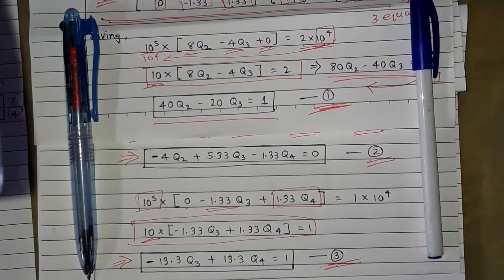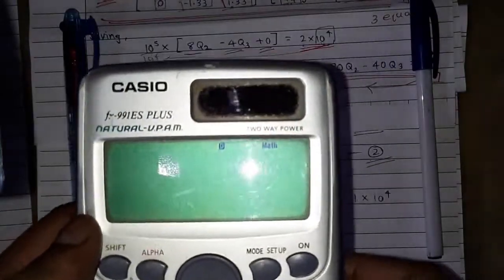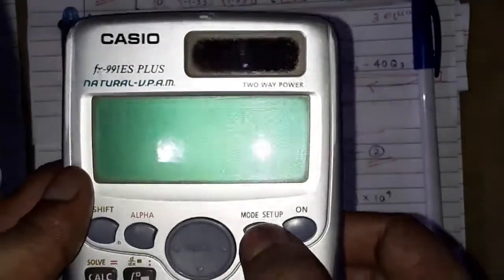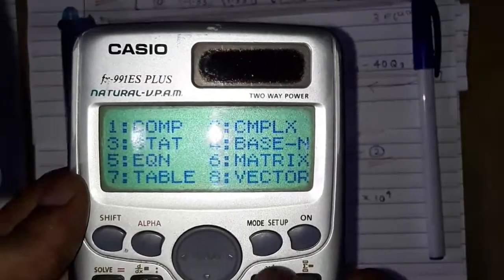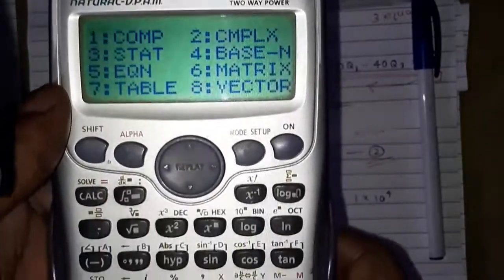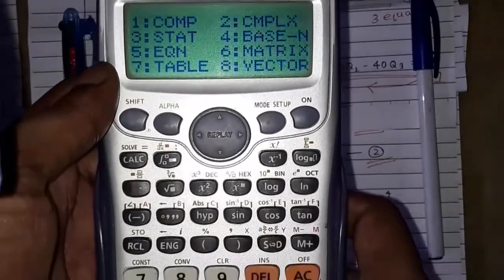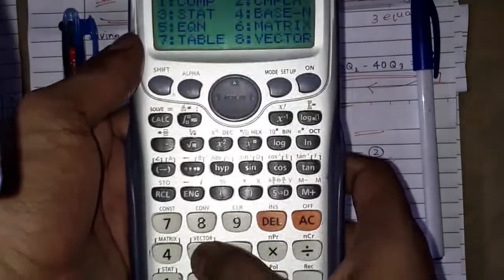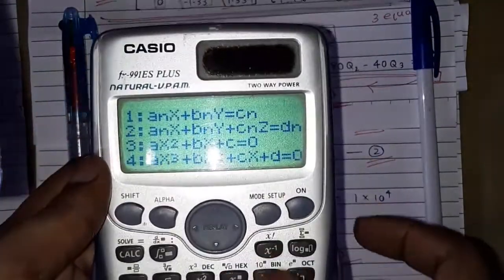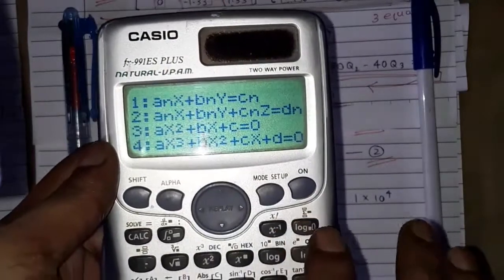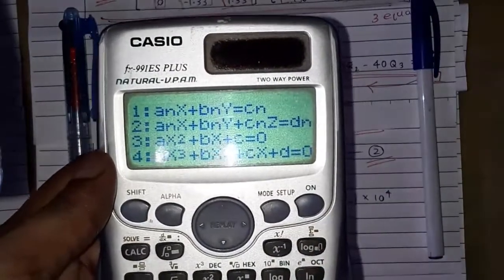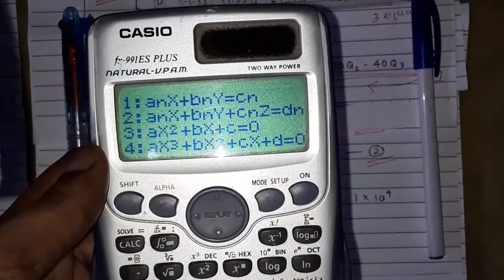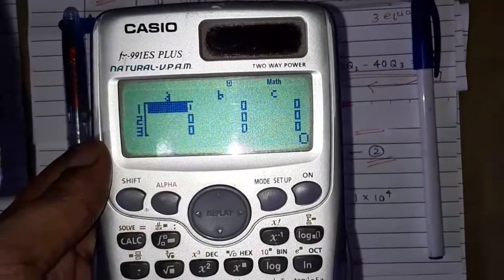Now friends, we will solve those equations in the calculator. For solving these equations, we go to the equation mode, then press 5. There are 3 variables and 1 value, so we go for the second option, 2.